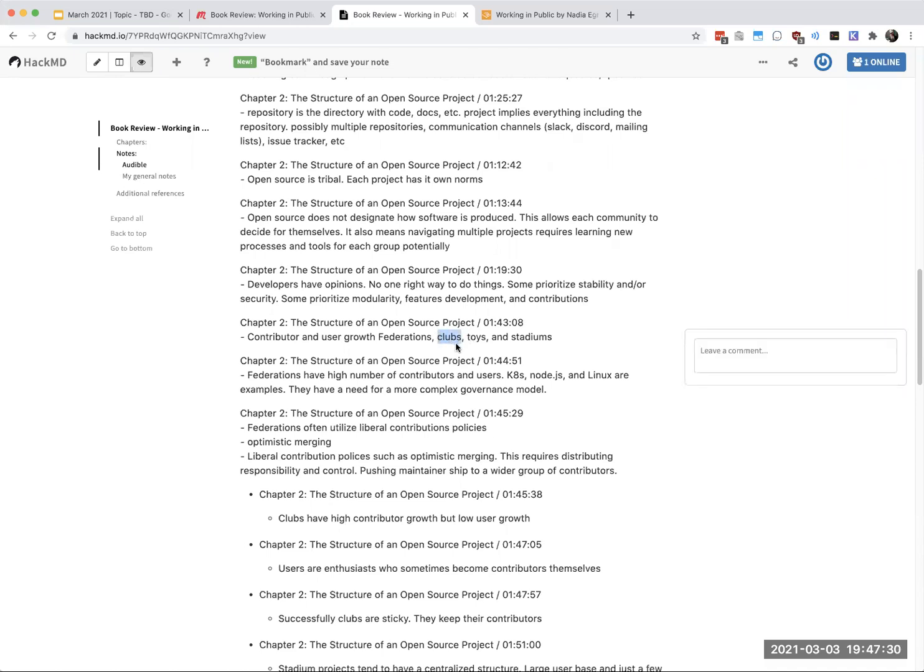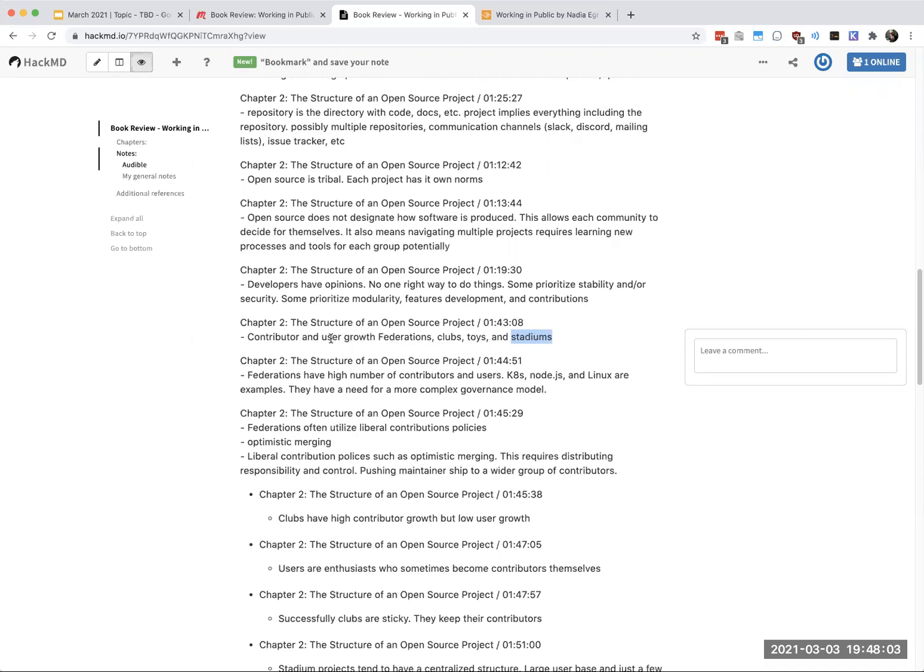They're very dedicated. Toys indicate a project that someone or a small number of people are doing just for themselves, and maybe there are no other users than themselves. And stadiums are projects that have a very small number of contributors or creators and a large number of users.